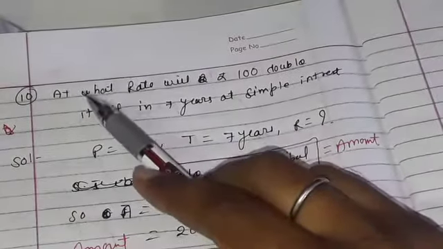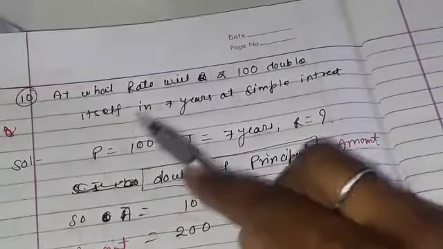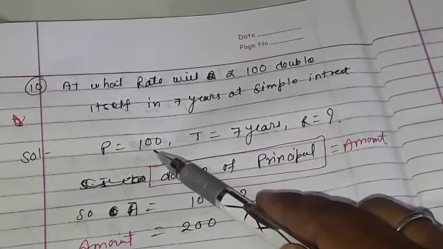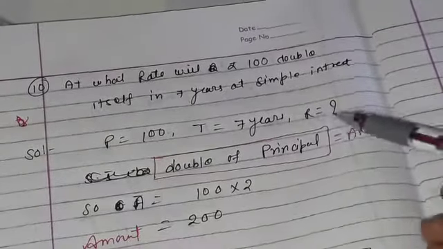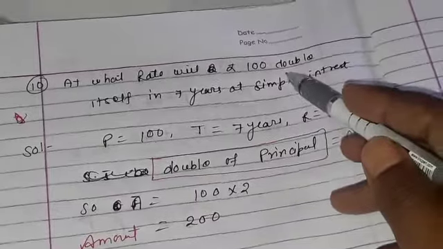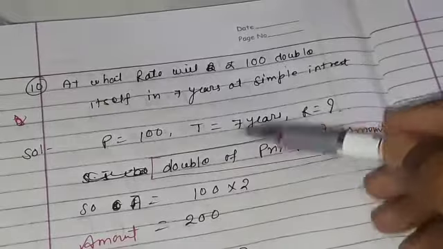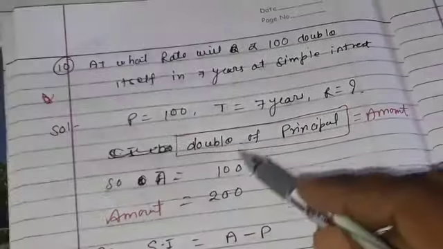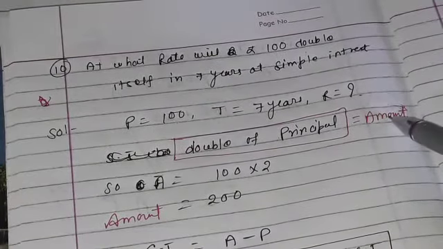Class, next question is, at what rate will rupees 100 double itself in 7 years at simple interest? So they gave you 100 rupees principal, time is 7 years. They ask you about rate of interest, but class, they mention here one important thing: 100 doubles itself in 7 years. What is the meaning of that, class? After 7 years, 100 will become 200. So after 7 years, that will be your amount.